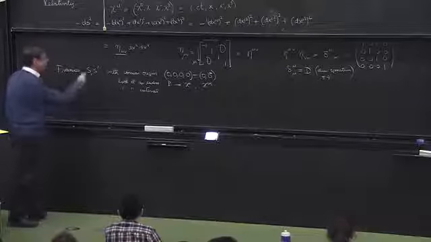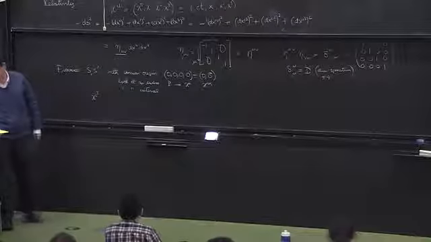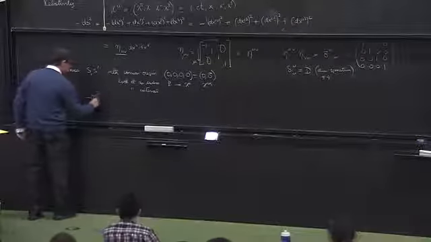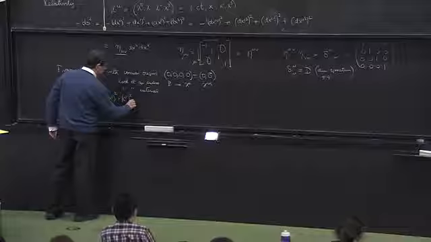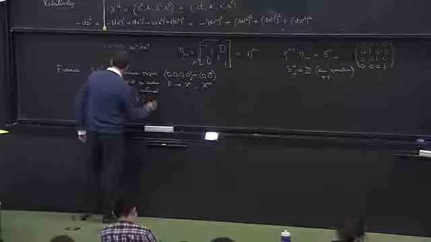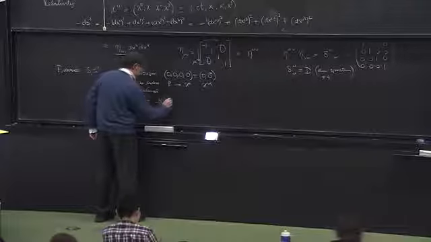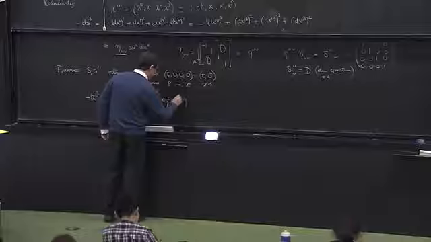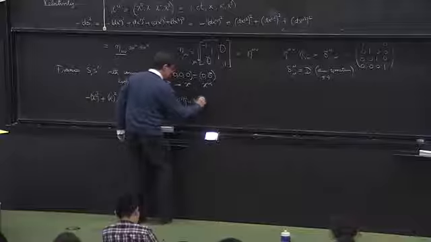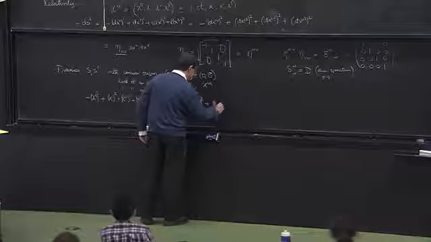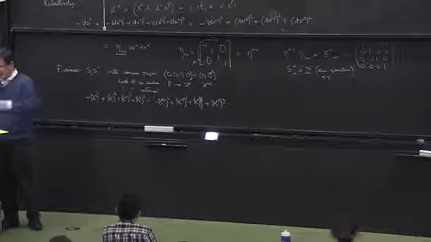and what you should obtain then is that minus x0 squared plus x1 squared plus x2 squared plus x3 squared is equal to minus x prime 0 squared plus x prime 1 squared plus x prime 2 squared plus x prime 3 squared.